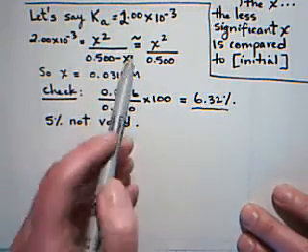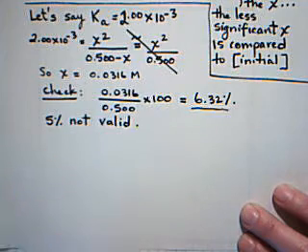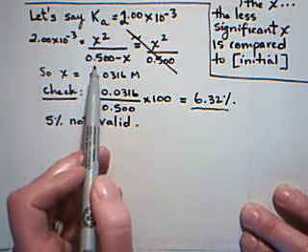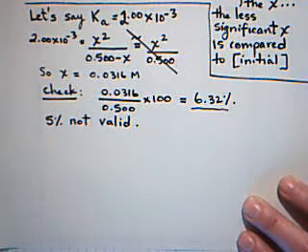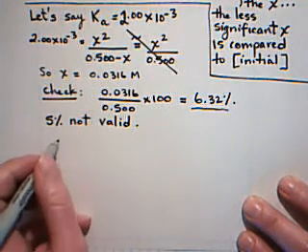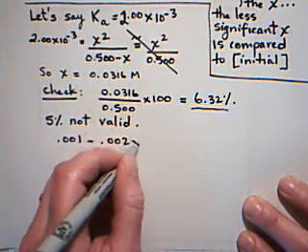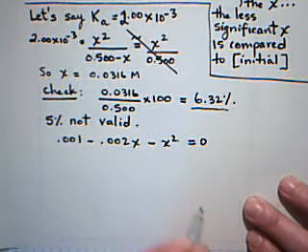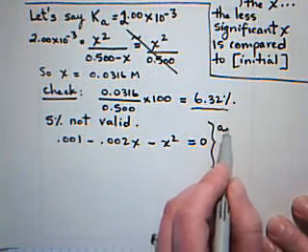I would have to disqualify this part and focus on this side and solve it that way. That would give me, therefore, 0.001 minus 0.002 minus x squared is equal to 0. So I would have to use my quadratic formula.